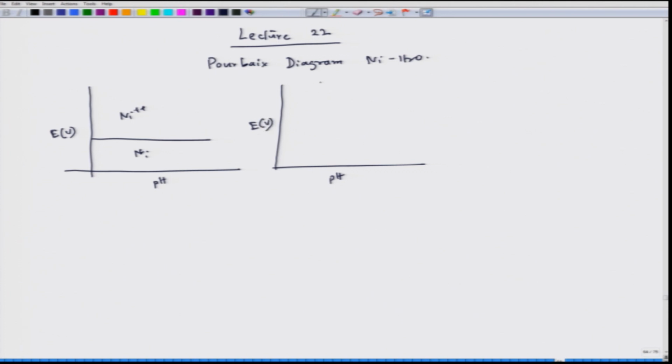This is type 1 and then another plot was like this with a slope 0.591, and here it was 0.11 volt and here it was 0.25 volt with a minus sign.